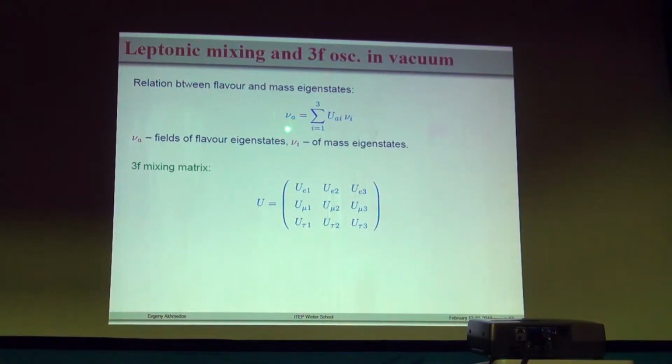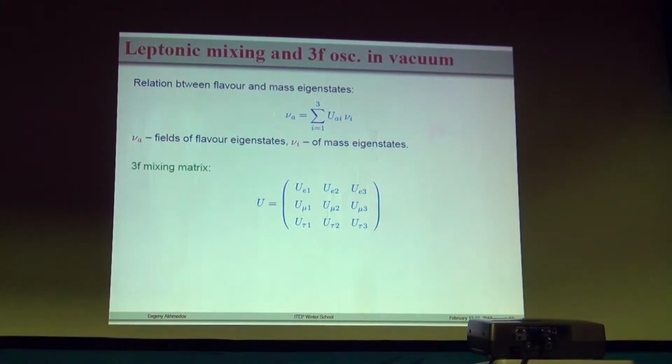We know that fields corresponding to the flavor states, neutrino fields, can be represented as linear superpositions of the mass eigenstate fields with these coefficients, and index A corresponds to electron, muon or tau, and index i to 1, 2, 3, the mass eigenstates. So the parameterization is Ue1, Ue2, Ue3, and so on.